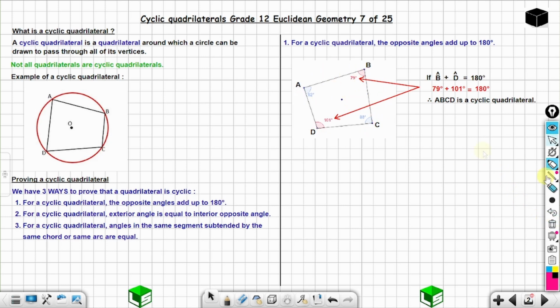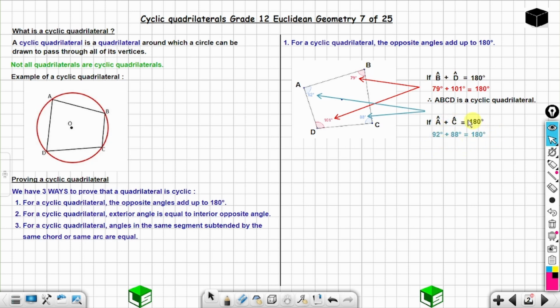Or angle A plus angle C. The two angles are opposite. If angle A plus angle C is equal to 180 degrees, in this example you have 92 plus 88, which is equal to 180 degrees.